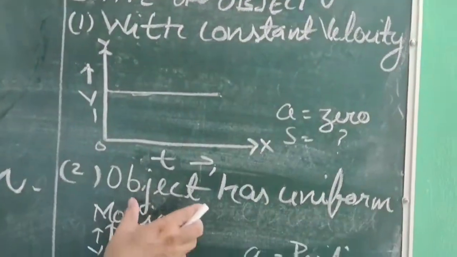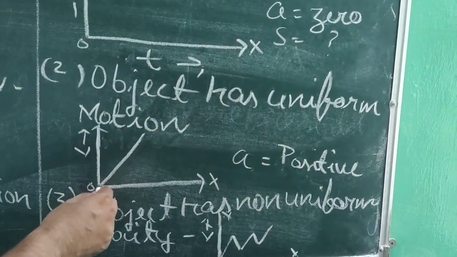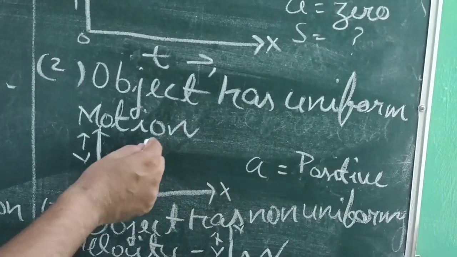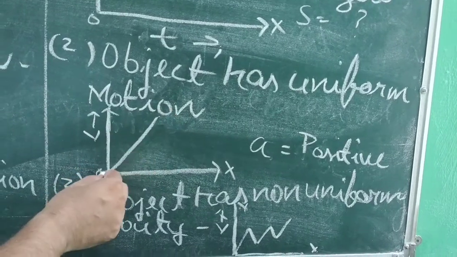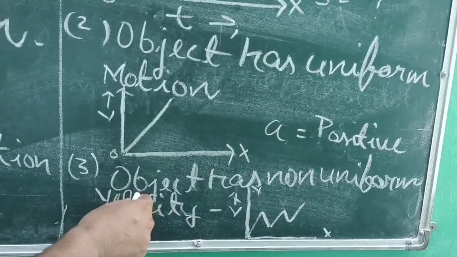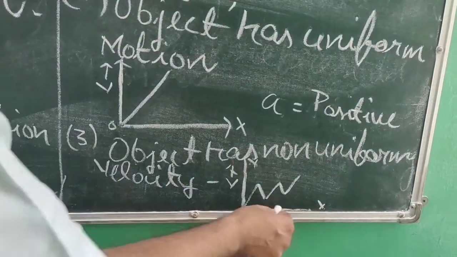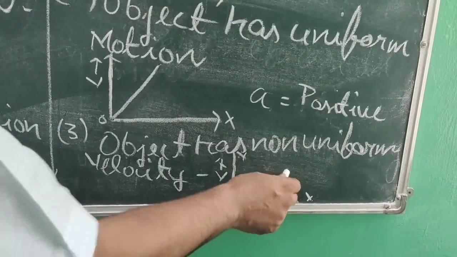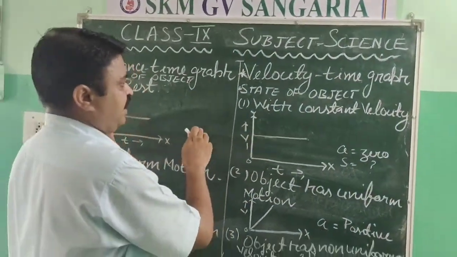In the second case, the object has uniform motion, meaning the velocity is increasing according to time, and the graph that we will get here will be a straight line. And in non-uniform motion, the velocity-time graph will be a parabola or curved. So it is about the graph.